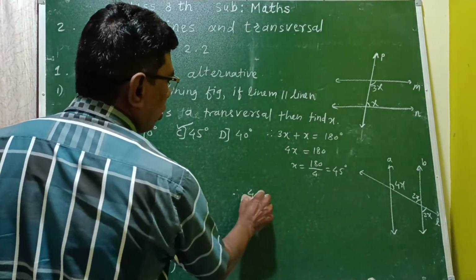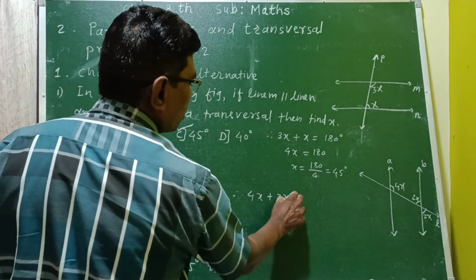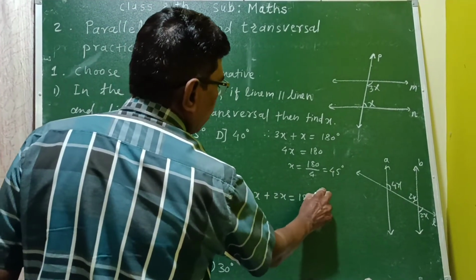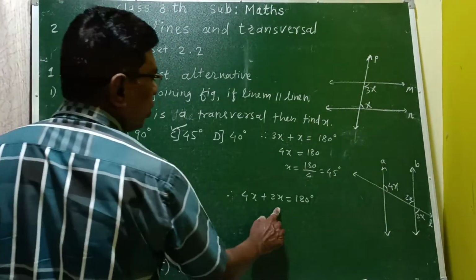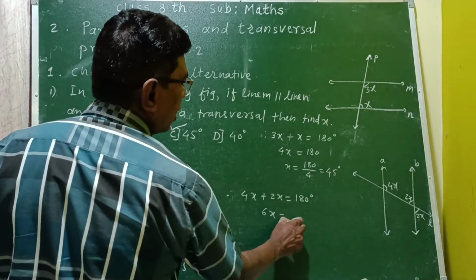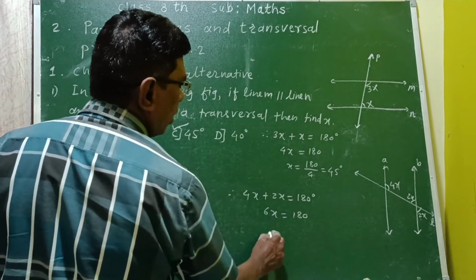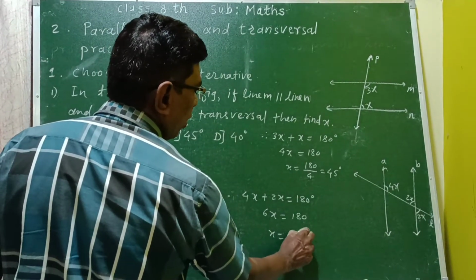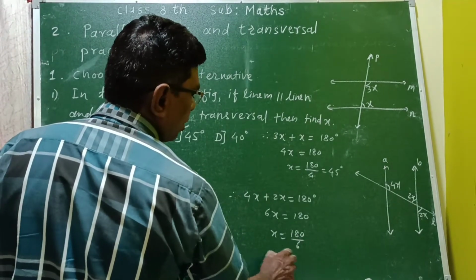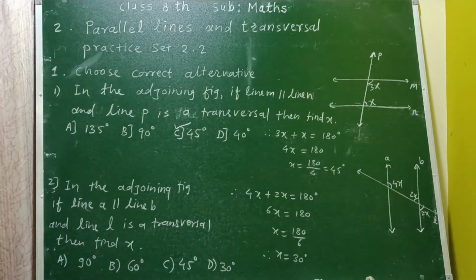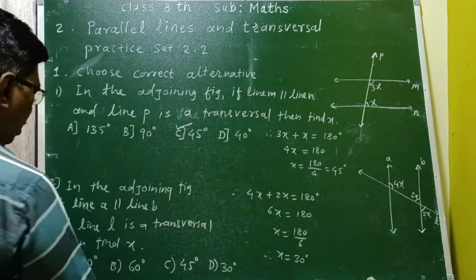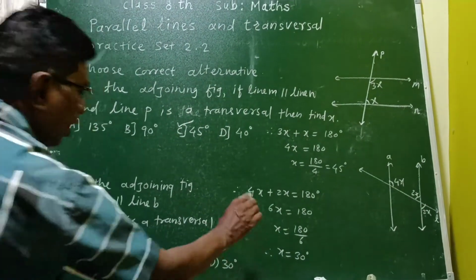Therefore, 4x plus 2x is equal to 180 degrees, as interior angles are supplementary. So 6x is equal to 180, x is equal to 180 upon 6, that is 30 degrees. Therefore, the correct alternative is D.